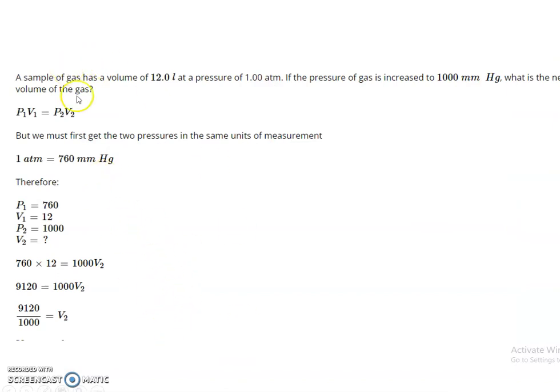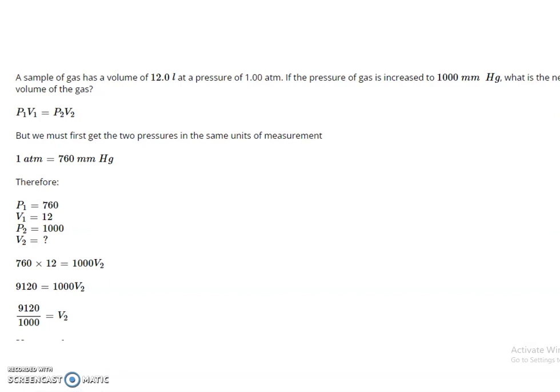Suppose there are problems like this that are asked. For example, a gas has a volume of this much and a pressure of this much. The same gas, the pressure is increased to 1000. What will be the volume? In this case, pressure and volume at one condition are given, and pressure at another is given.